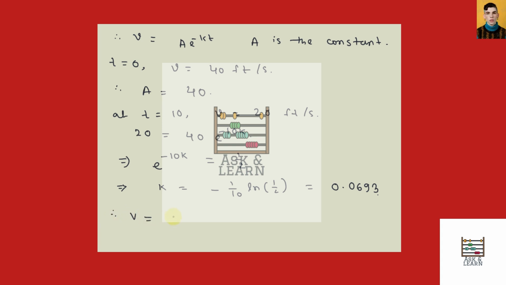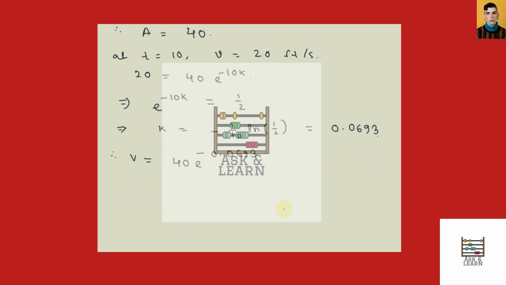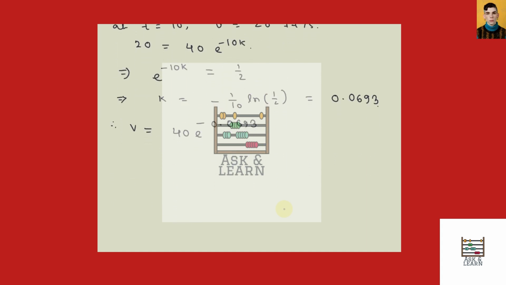So v is equal to 40 into e to the power minus 0.0693 t. To find the distance, we need to integrate the velocity function with respect to time t. So integration v dt is equal to integration 40 into e to the power minus 0.0693 t dt.